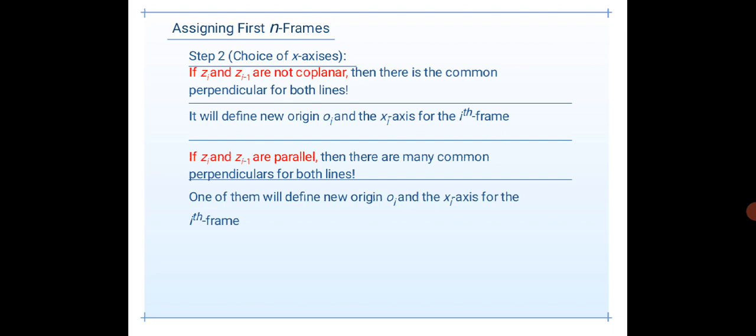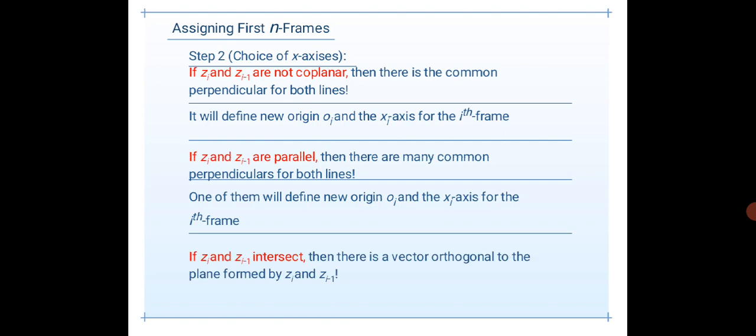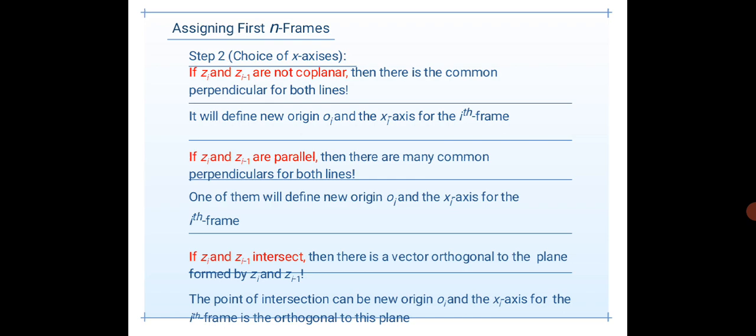One of them will define the new origin and the x-axis for the ith frame, so it is denoted as O_i and x_i. If z_i and z_{i-1} intersect, then there is a vector orthogonal to the plane formed by z_i and z_{i-1}. So the point of intersection can be a new origin, and the x-axis for the ith frame is orthogonal to this plane, which is denoted by the x_i axis.